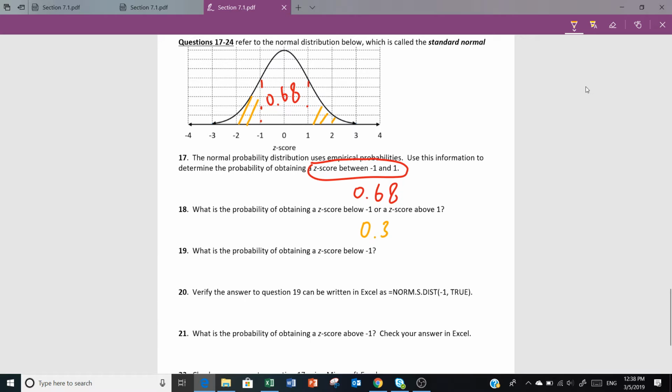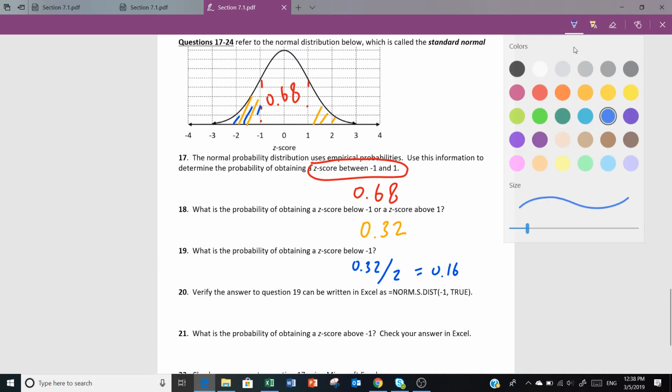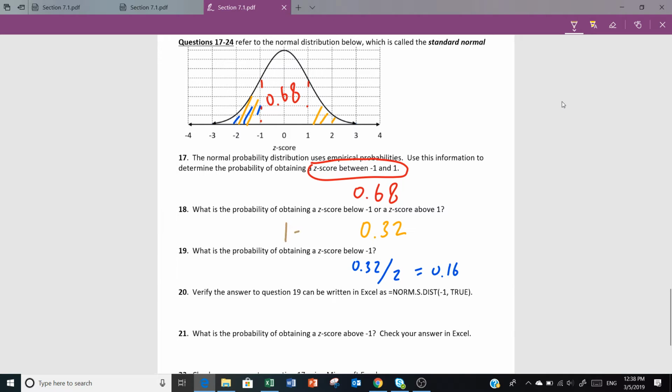And then below negative 1, that's just this part here. So we divide the 0.32 by 2 to get half of that, which is 0.16. Also, don't forget that this over here was 1 minus 0.68.